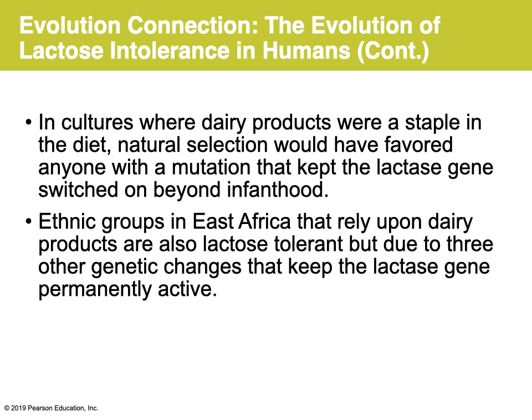It's 3 genetic changes in the folks in East Africa. It's only 1 genetic change for the people from Northern Europe. So it's kind of fascinating. You wound up with the same result by 2 different sets of genetic change.